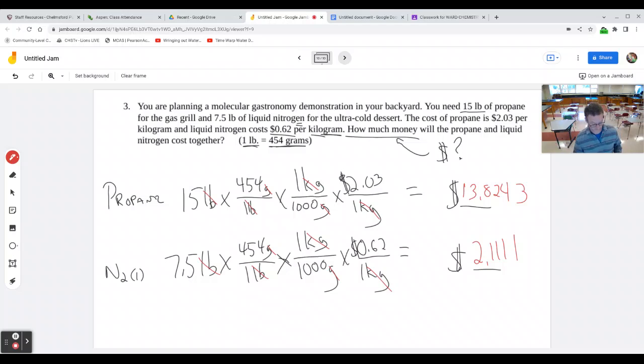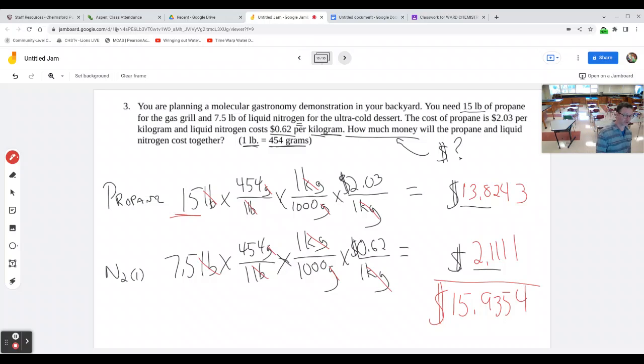We want the total, so now we're simply adding these together, and we get $15.9354. Rules for rounding here would say that way back at the beginning, I had a value with no decimal places.